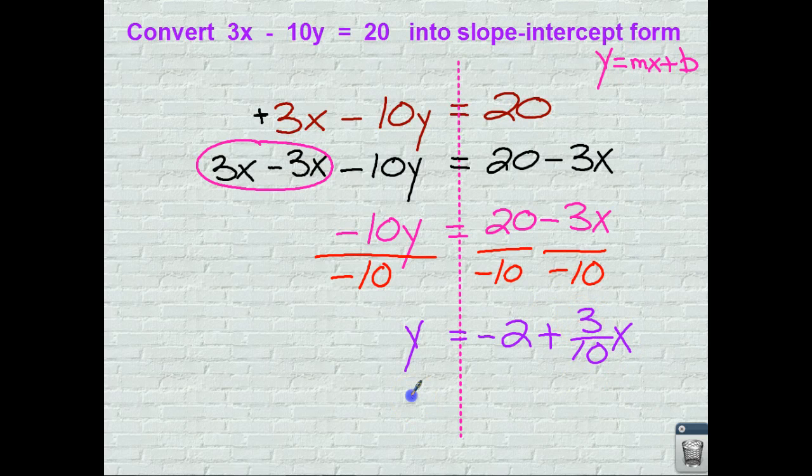So let's flip-flop those two terms, but make sure we take the sign that's in front of each. That's very important. So if I take the positive 3/10 x, it remains positive, and this negative 2 would go to the end. And I am ready to graph this equation.